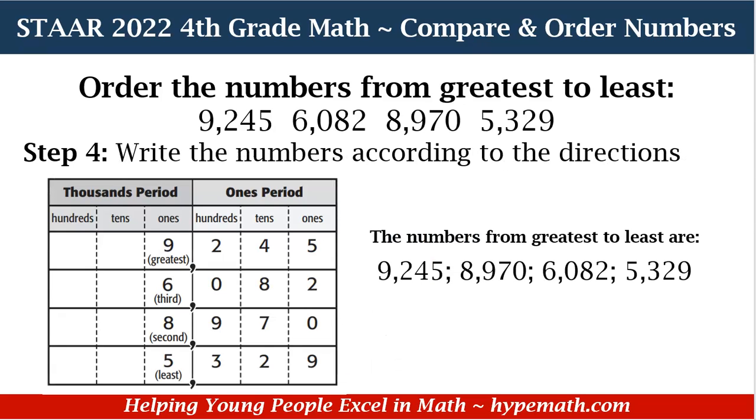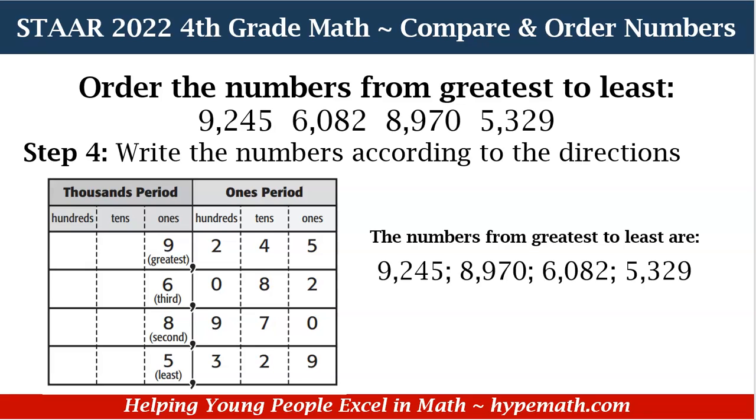For step 4, since our directions told us to order the numbers from greatest to least, we're looking at our place value chart. We're in the thousands place, but in the thousands, because you know there's hundreds, tens, and ones for the thousands place, our focus is on the ones.